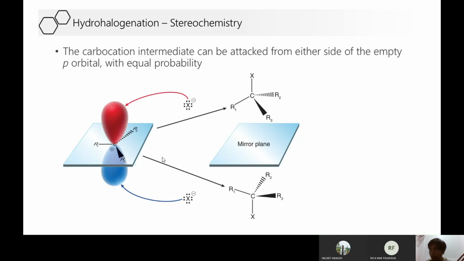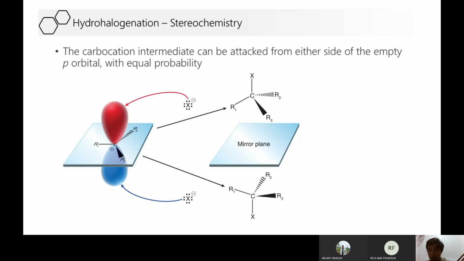So yan, dalawa yung magiging products natin, R or S, and that is only if yung ating carbocation ay stereocenter or may 4 different groups around it. Just check the molecule, kung ano yung mga nasa tabi niya. Pag magkakaiba yung nasa tabi niya, stereocenter yan. So may R and S ka doon.